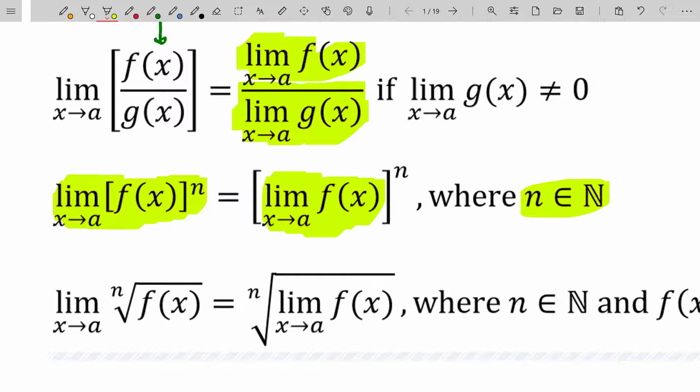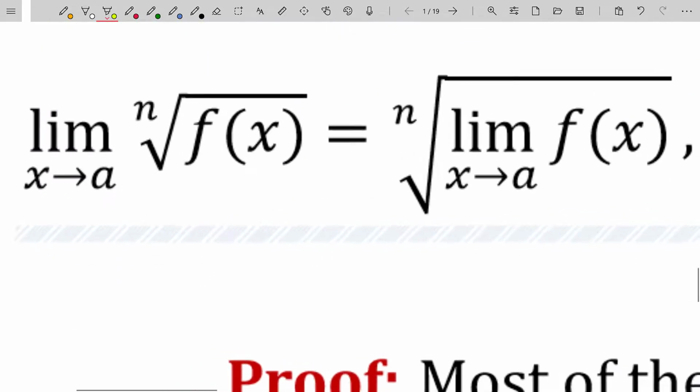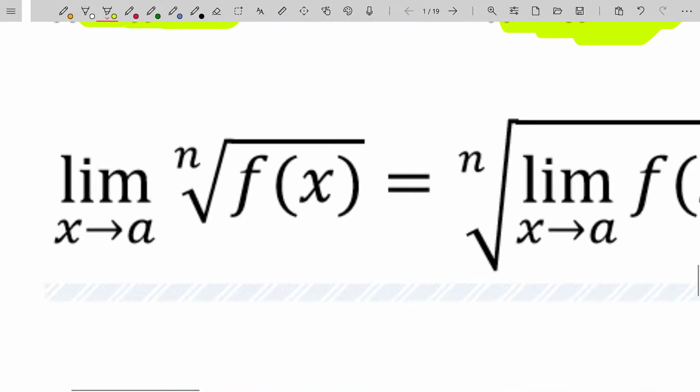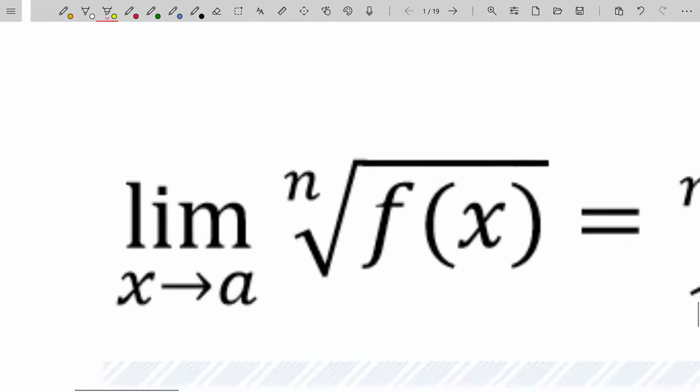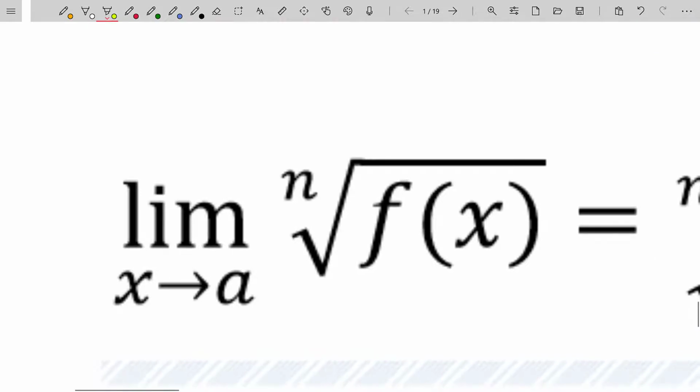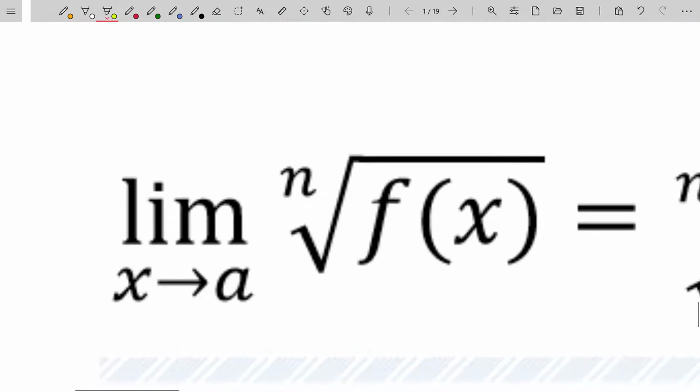And this limit law, in concert with the next one in line, allows us to basically grow this to say, well, n could be actually a rational number. So let's take a look at that next limit law, which is the limit of the nth root of f of x. Remember, if that's an even root, you've got issues, right? Because you want to make sure your function is non-negative.